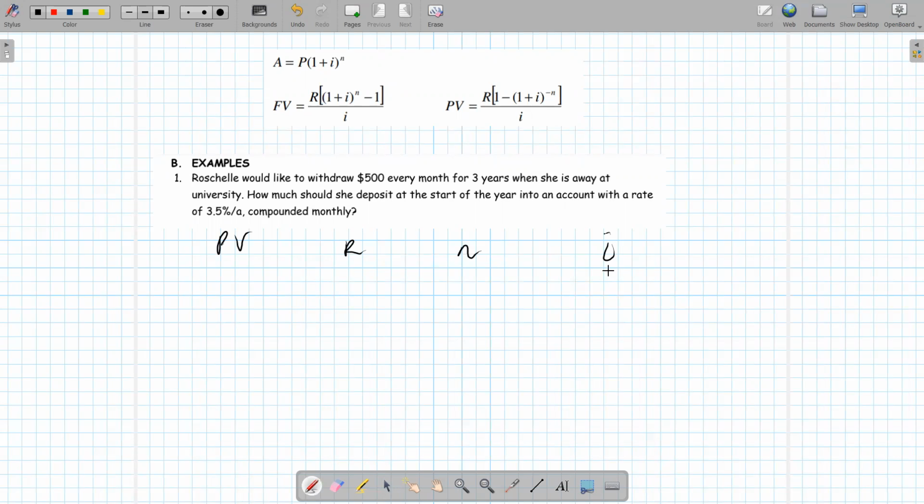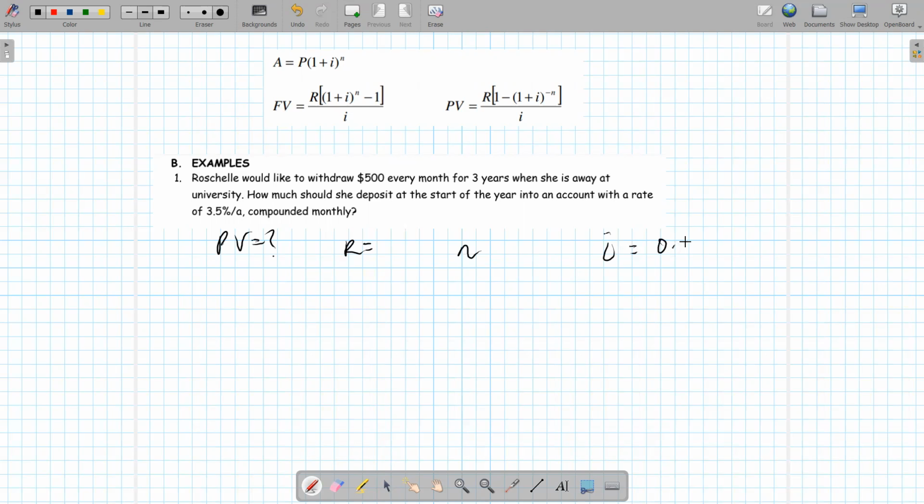What do we know here? PV is the unknown. Right, yes, that's correct. R is 0.035 divided by 12. Nope, that is I, okay?